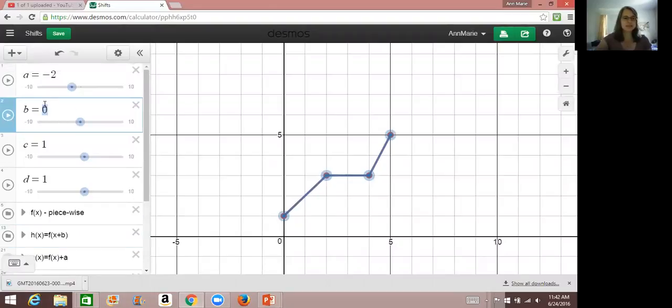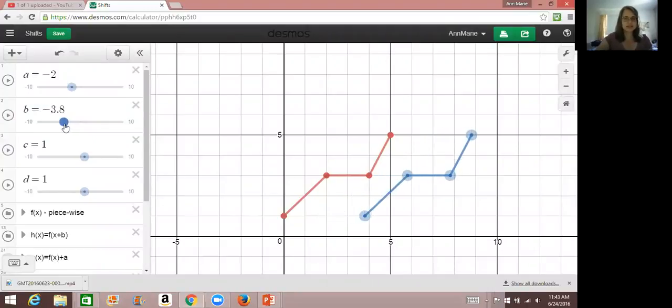Let's just make this b 2 and see what happens. Adding something to the x before I apply the function actually shifts the function to the left. If I subtract, it shifts to the right.